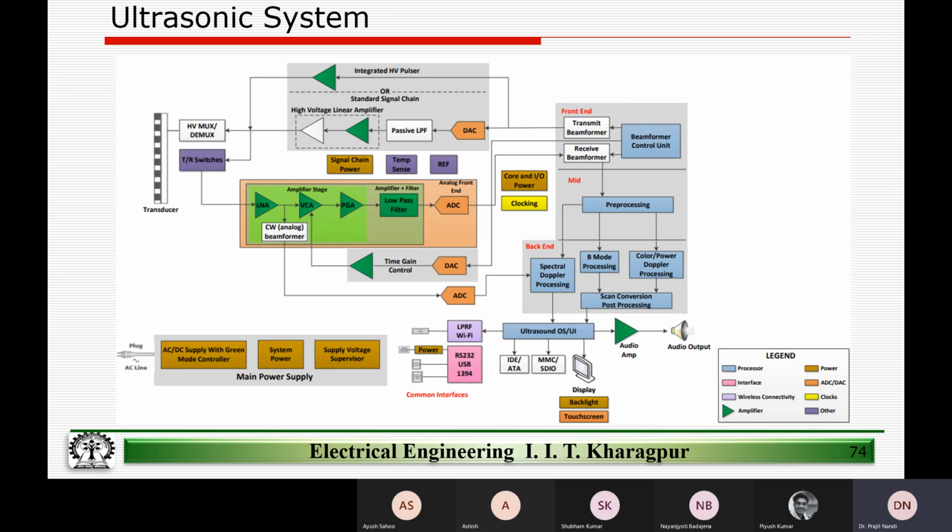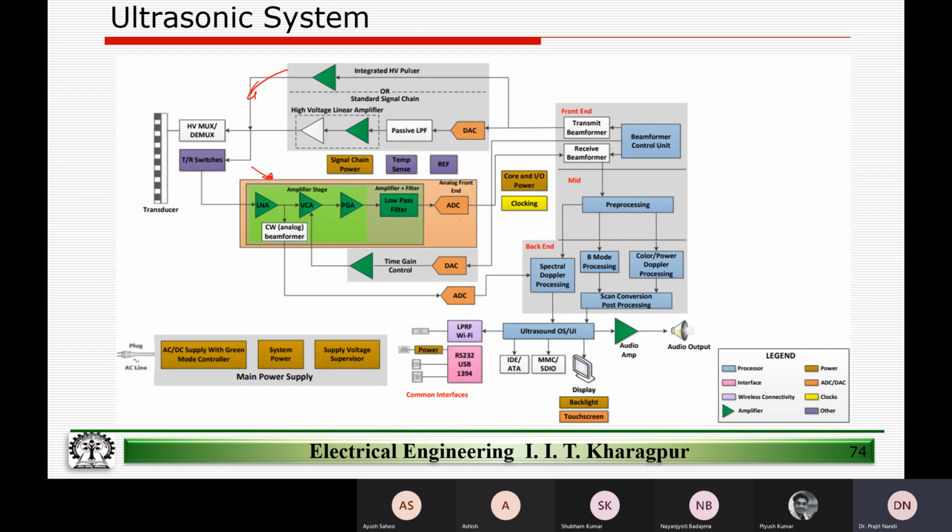Similarly, if you see the transmitter side, it is again the same digital block, and you will see why there is a correlation between the receiver and the transmitter. It is understandable because you are using the same transducer to transmit the signal as well as receive the signal. We'll discuss why the system needs to know whether I'm in receiver mode or transmitter mode.